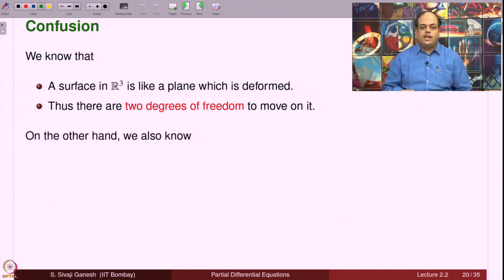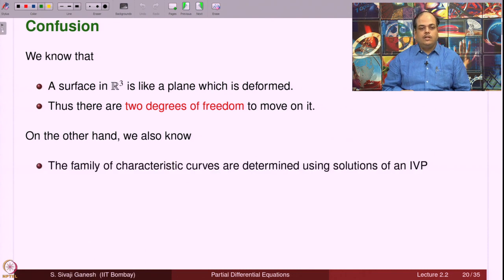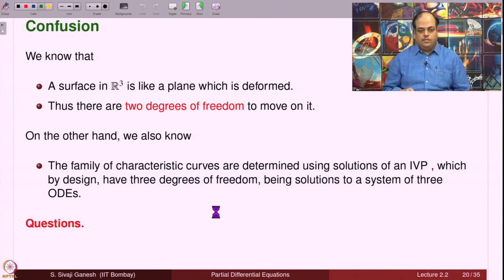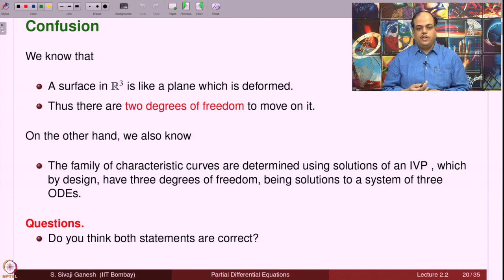On the other hand, we also know the following: the family of characteristic curves are determined using solutions of an initial value problem, which by design have 3 degrees of freedom, because they are solutions to a system of 3 ODEs. Now, a question: do you think both statements are correct?